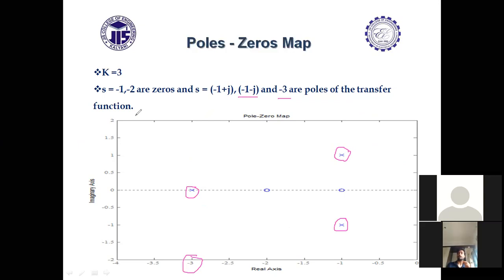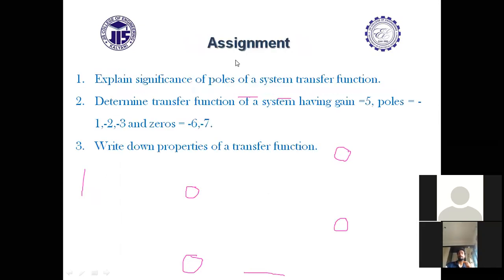Once pole zero values are obtained, take the x-axis as the real axis, the y-axis as the imaginary axis, mark the values 0, 1, 2, 3 like that, on the imaginary axis as well, and place the poles and zeros as per the coordinates. That is how you can get the pole zero plot of a particular transfer function. Next.